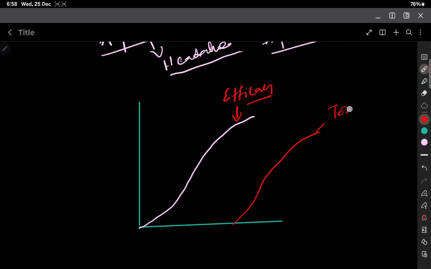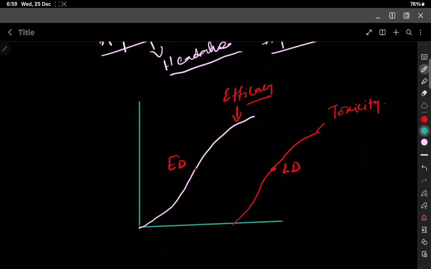This one is the toxicity of the drug. Here, as I already explained, this is called the median effective dose, so we can call it the effective dose. And here this is called the lethal dose or toxic dose.